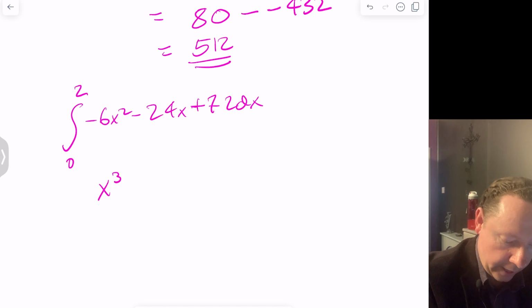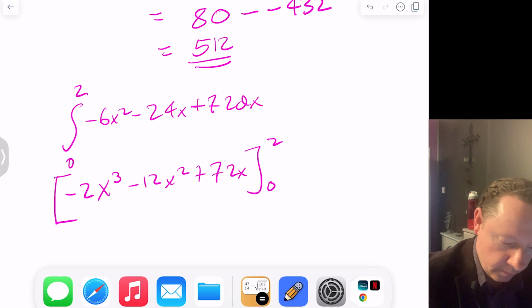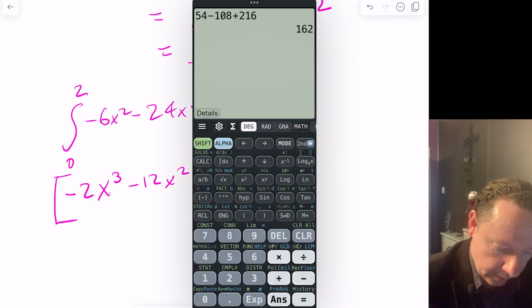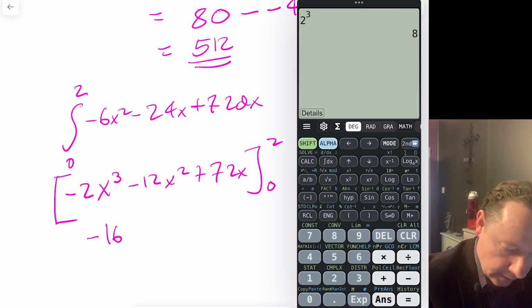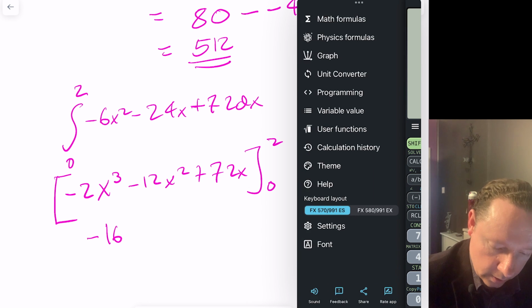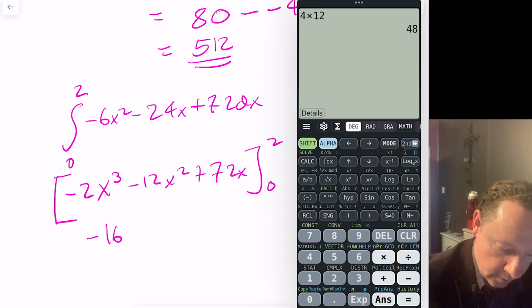So x cubed, 6 divided by 3 is 2, so minus 2x cubed minus 12x squared plus 72x between 0 and 2. So when we sub that in, we get 2 to the power of 3 is 8 minus 16. 2 2s are 4 times 4 times 12 is minus 48.